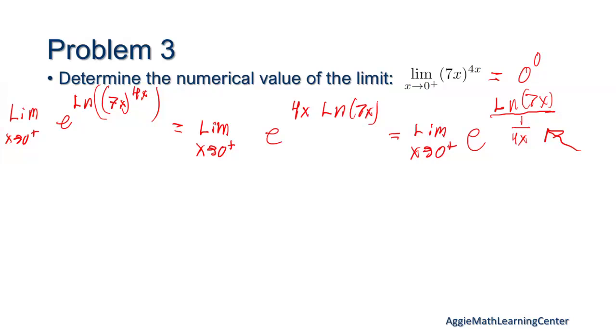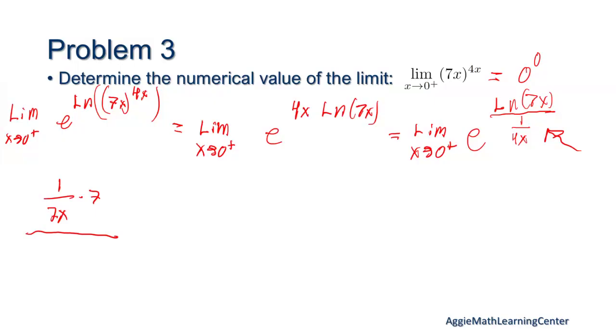What's the derivative of ln of 7x? It's going to be 1 over the inside of our function times the derivative of our function. So it's going to be 1 over 7x times the derivative of 7x, which is what? 7.